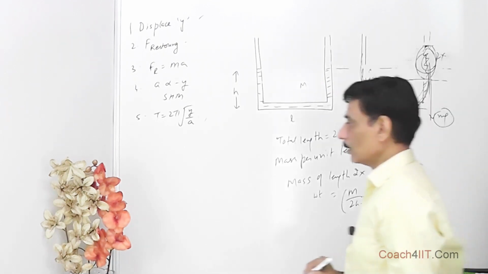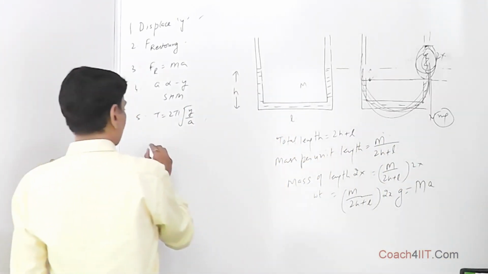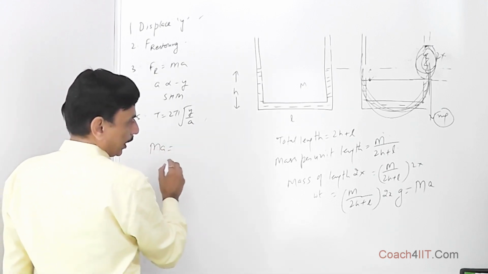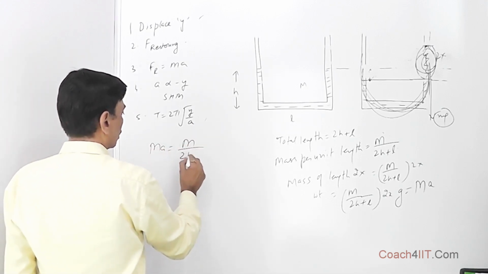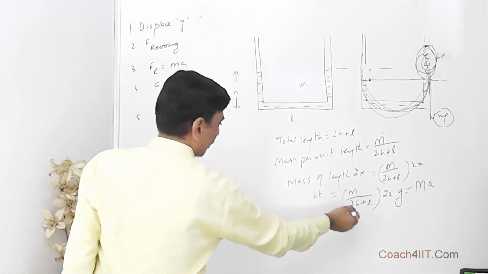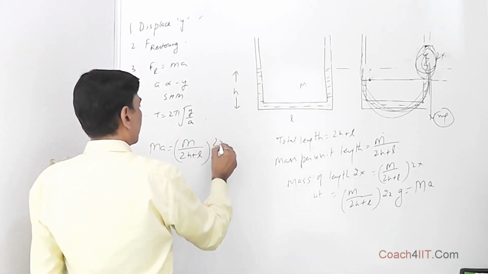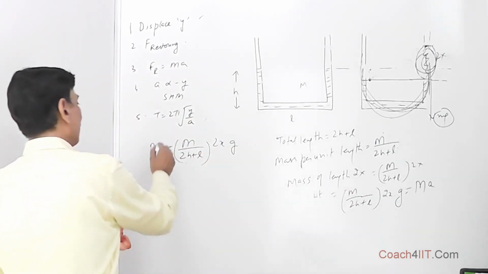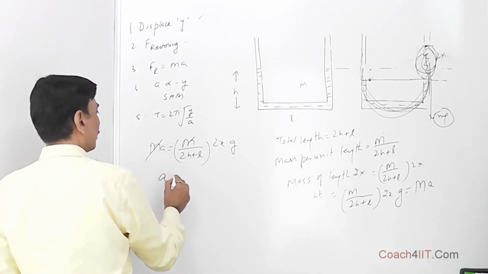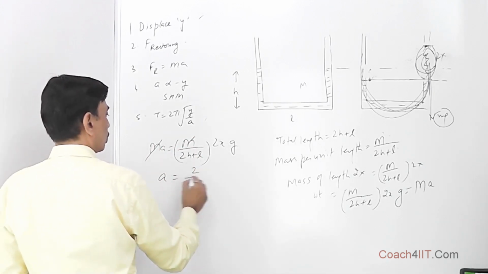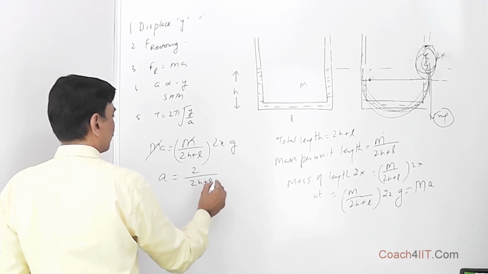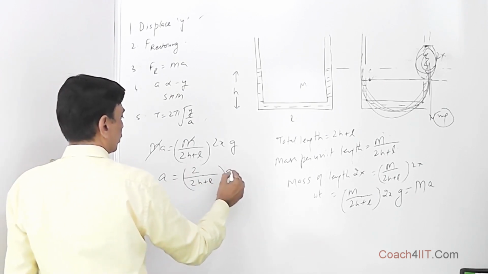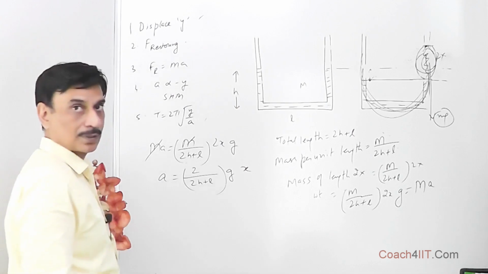So from here, m into a equals m upon 2h plus L into 2x into g. M and m get cancelled, so a comes out to be 2 upon 2h plus L into g into x.